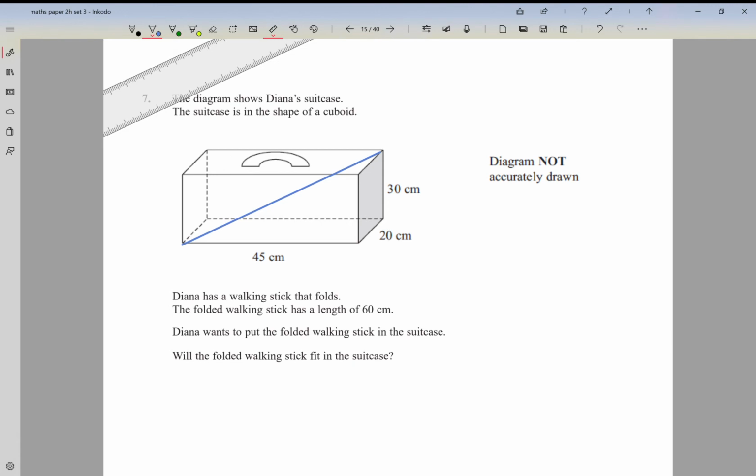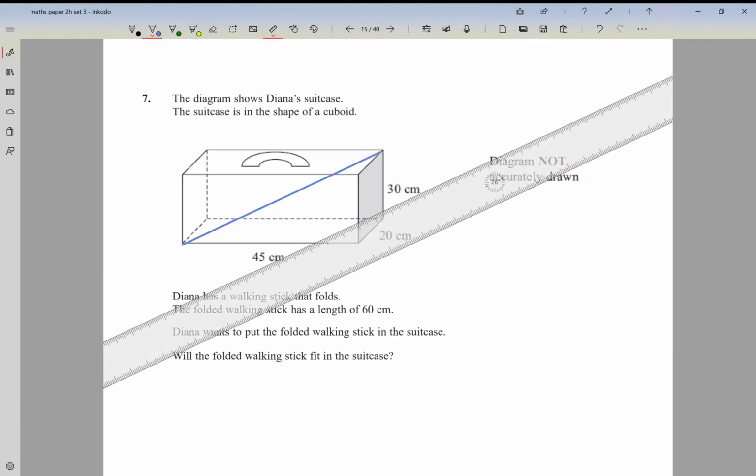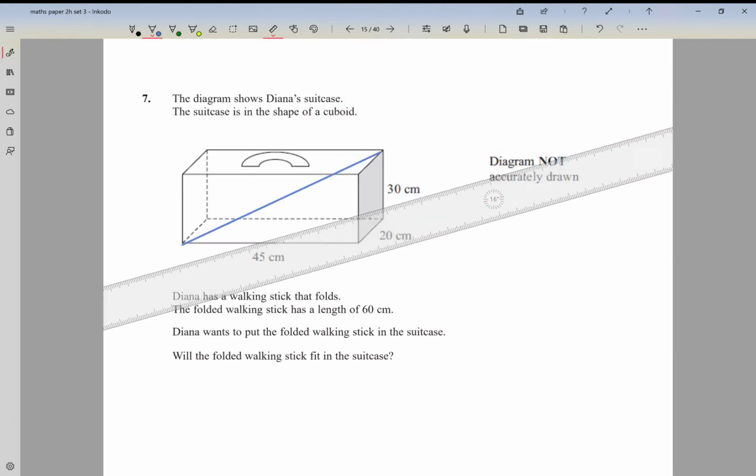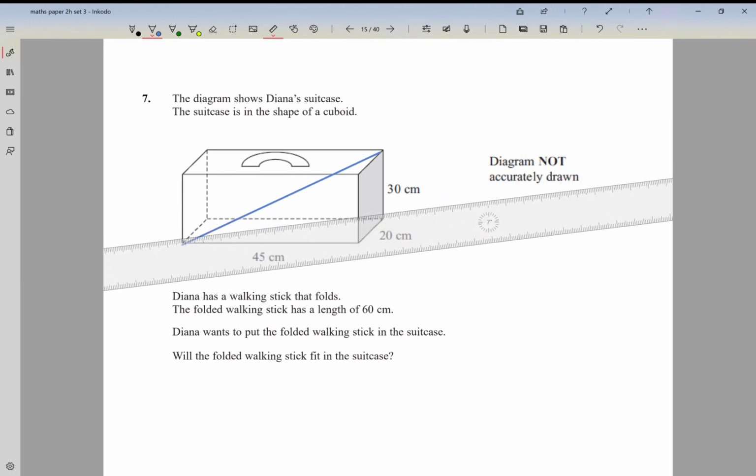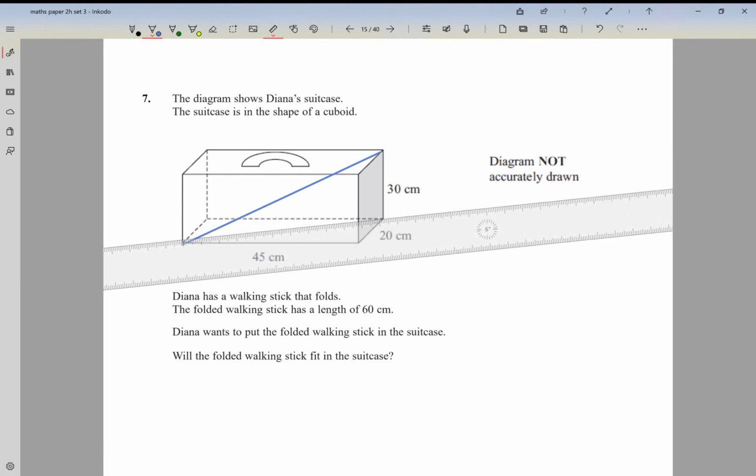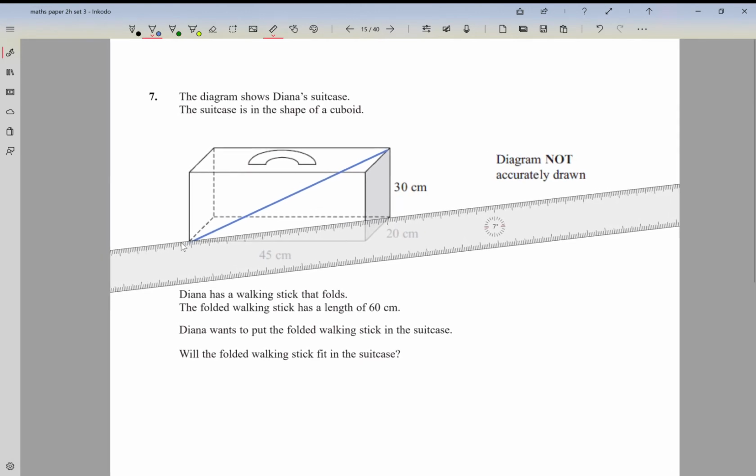Now, how we do this, you may or may not see this, is we would use 3D Pythagoras, because it's not 2D, we actually need to think about it along the volume.